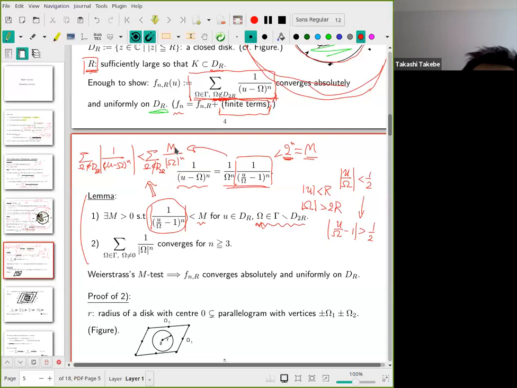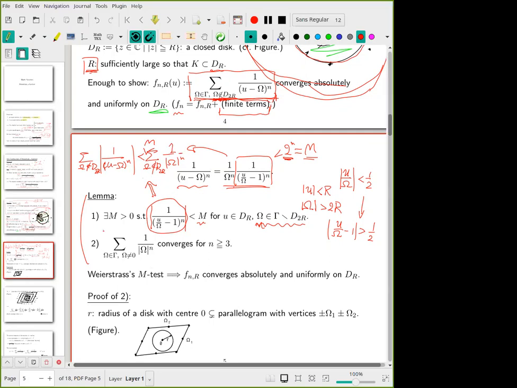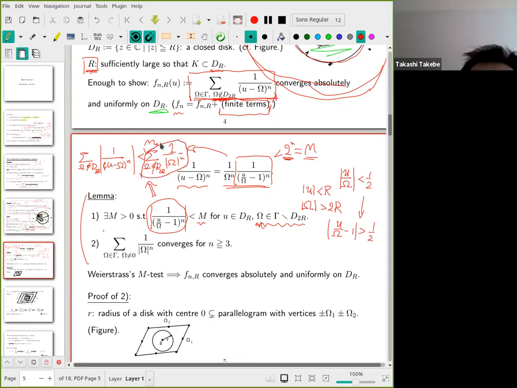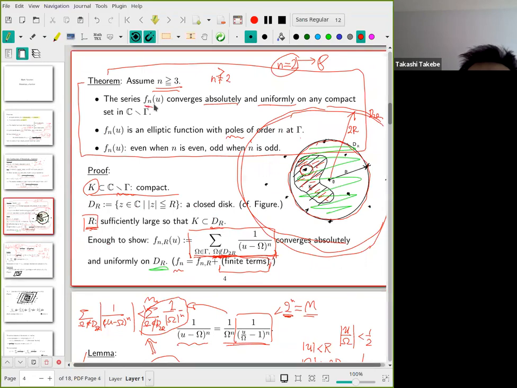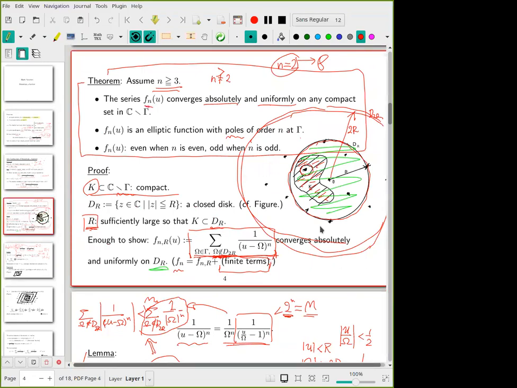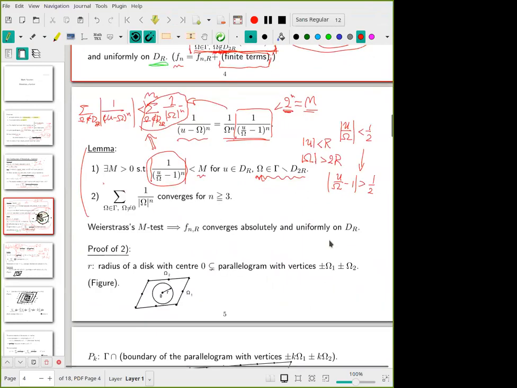And so we can pull this factor out of this sum. But M depends on n, sorry, Takashi. Yes, it depends on n, but here we are fixing n. So that doesn't matter.